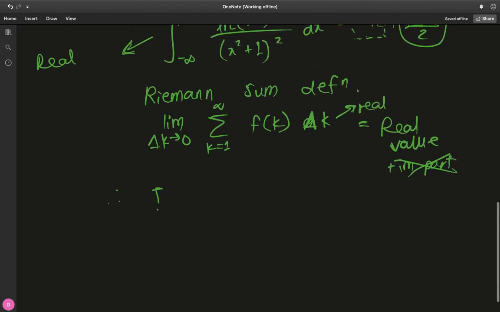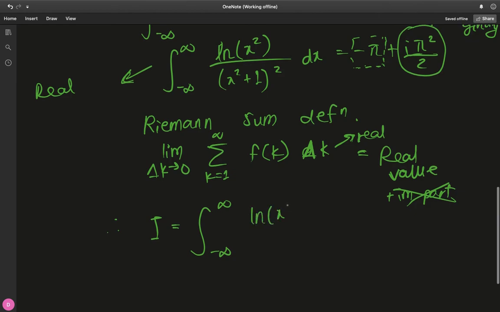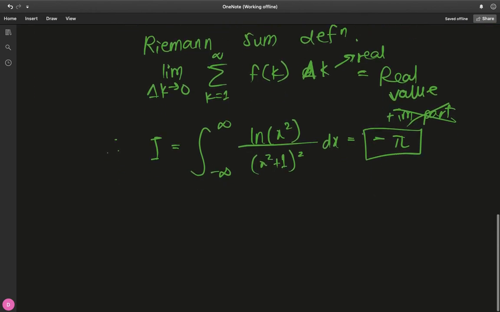Therefore, our I, which was defined as the integral from minus infinity to infinity of natural log of x squared divided by x squared plus 1, the whole thing squared, dx, is just equal to negative pi, because it can't take this imaginary value, because this is a real integral resulting in a real value. So that's a really neat answer, given all the trouble we went through. And I hope you understood well the entire process of contour integration and complex analysis.